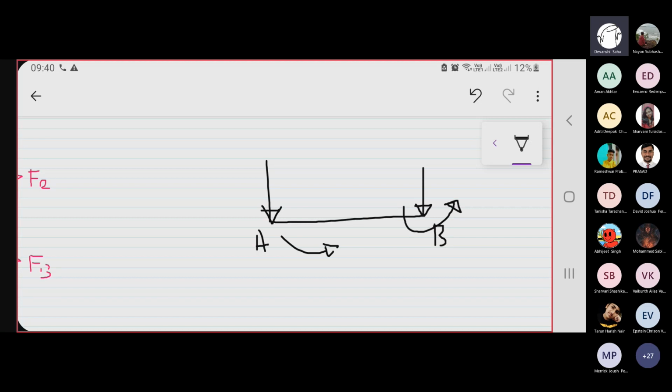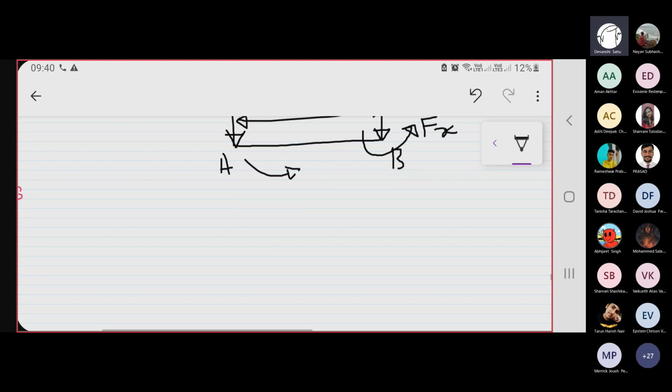What will be this force into this distance between these 2 points? It is x. So that will be the final answer. So what you will get? One force and one moment, F into x.